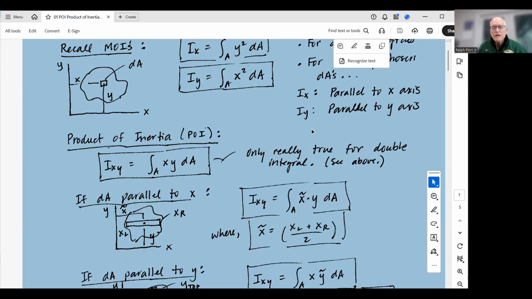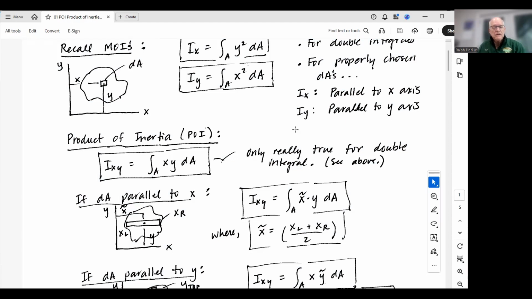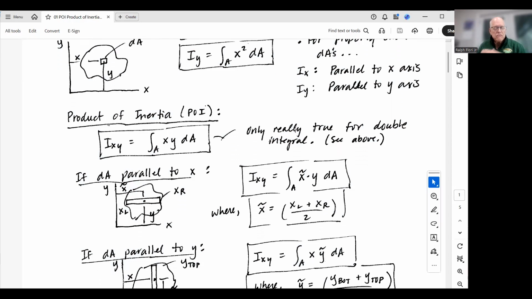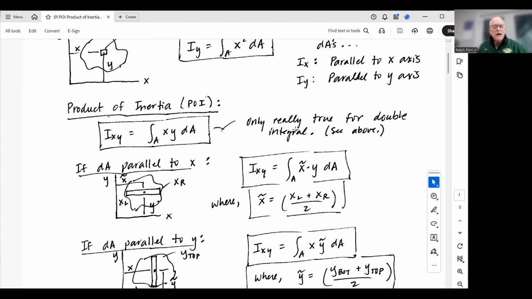Now you've got more choices of dAs than we did for IX or IY, which we'll get to in the details when we do product of inertia by integration. Integral of xy dA is strictly true only for a double integral. Only for a double integral is x the distance from the y-axis to the centroid of dA, and y the distance from the x-axis to the centroid of the dA.